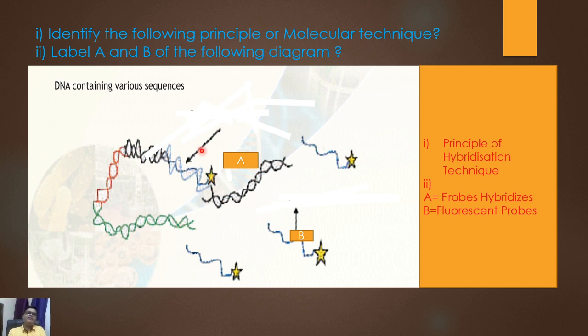That's why I'm explaining these things. You must recognize the diagram, otherwise you cannot write down the steps. B is the probe, this is the probe hybridized, and this process is the principle of hybridization techniques.